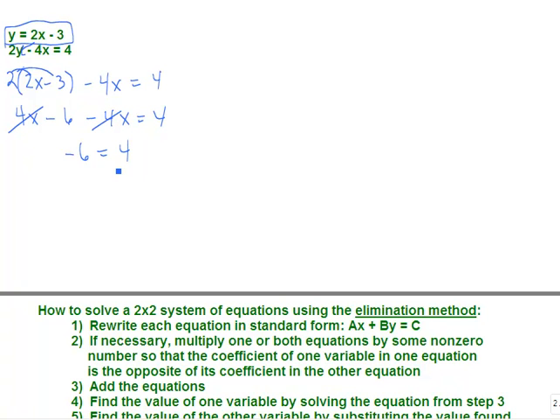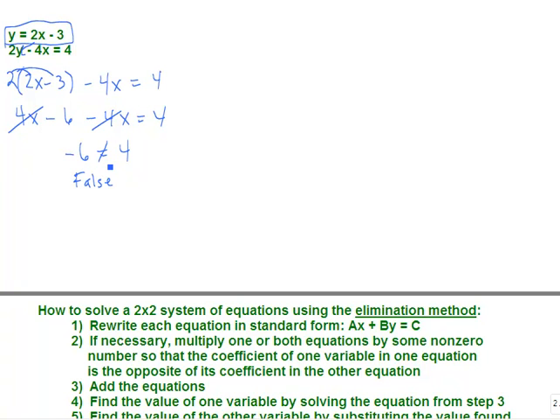So when you have the case where the x's or the y's are canceling out, then you want to look to see what's left over. Either it will be a true statement, like the last problem, or a false statement, like this problem, since negative 6 does not equal 4. Now, if it's a false statement, that's basically saying no matter what we pick for x, there's no way this equation is ever going to be true.